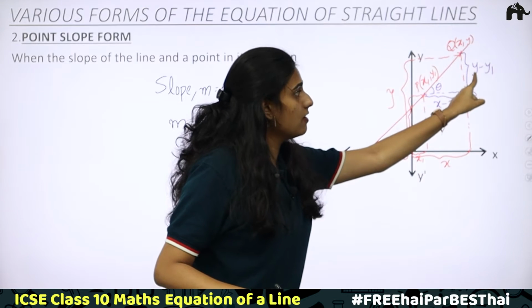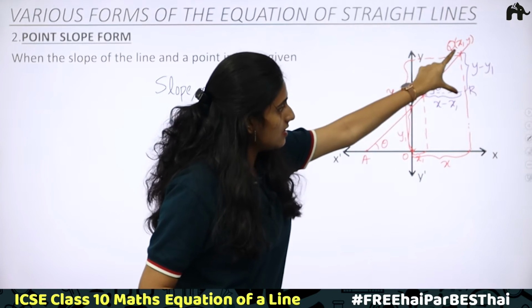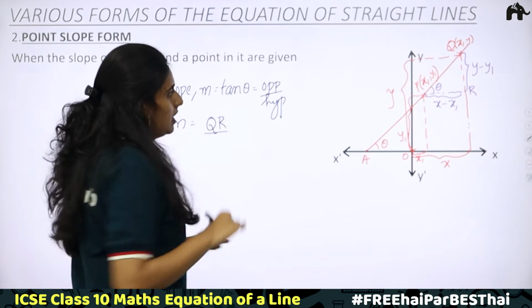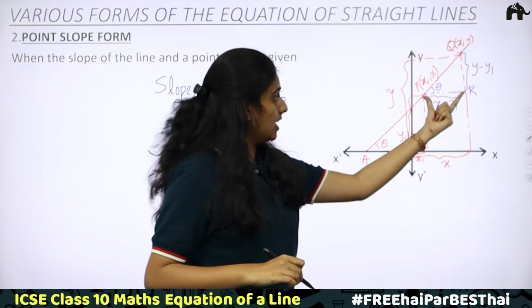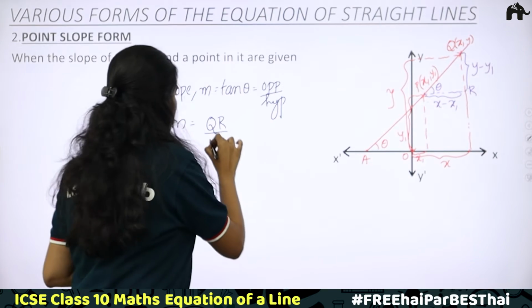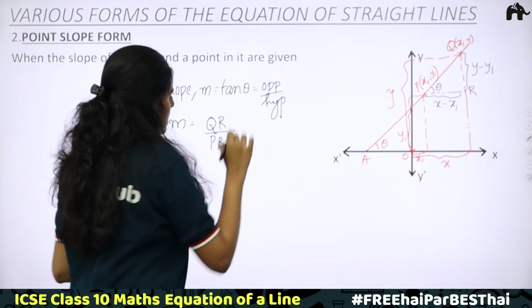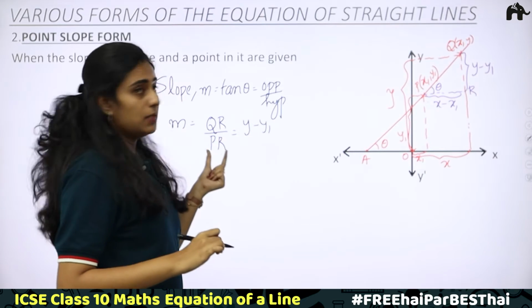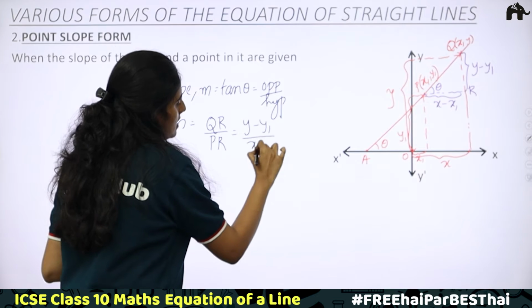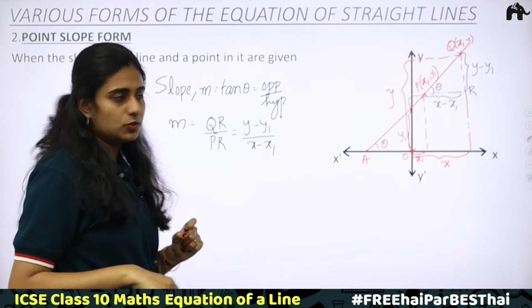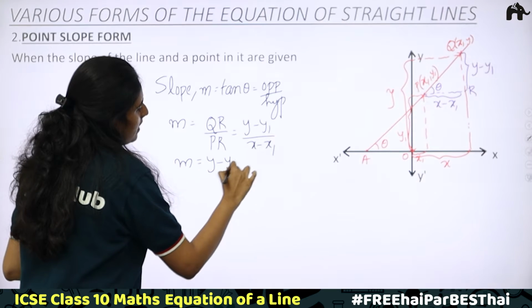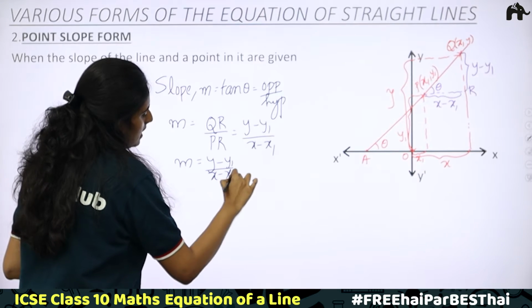Opposite to this we have y minus y1, that is QR, divided by the adjacent side, which is PR. QR is y minus y1 and PR is x minus x1. Now we have m equal to y minus y1 divided by x minus x1.